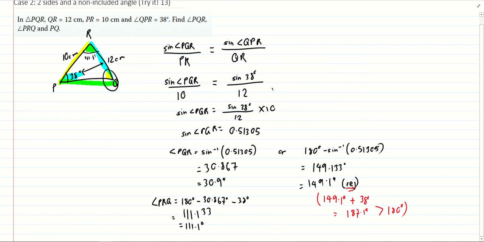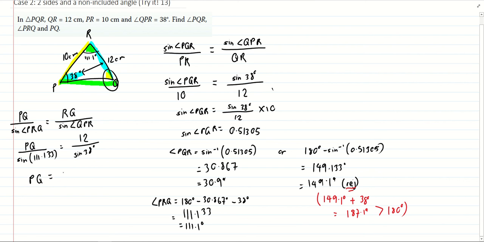So now I can easily find PQ itself. PQ corresponds with the angle opposite it, so sine angle PRQ over the known length as given to you, QR, equals sine QPR over... rather, PQ over sine PRQ equals QR over sine QPR. PQ is what I want to find, and PRQ is what I found in the previous step. So PQ over sine 111.133 equals 12 over sine 38.